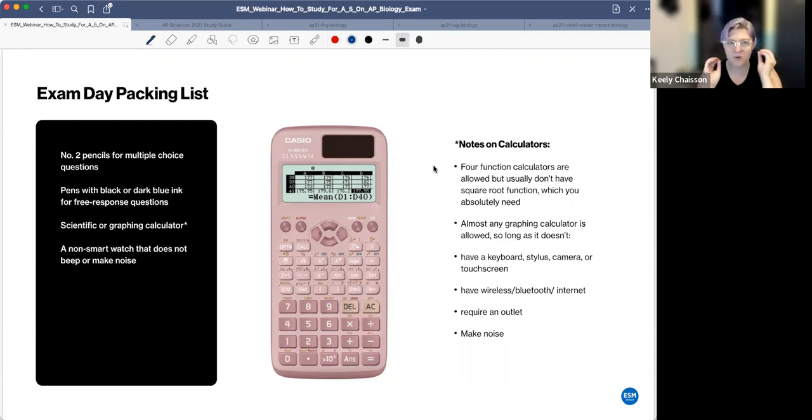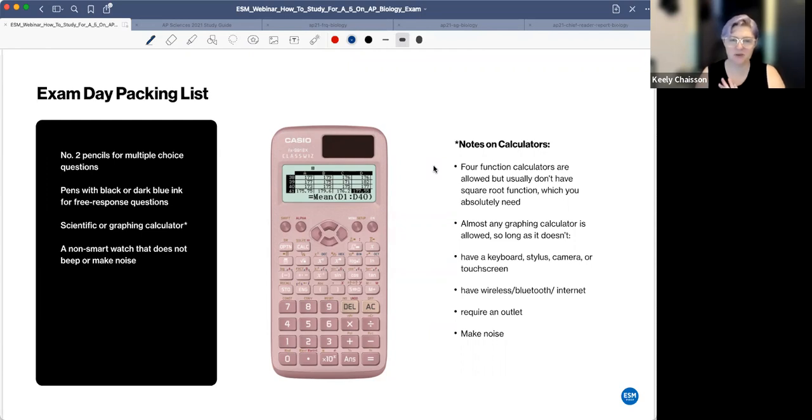If you want to be very thorough, you go onto the College Board website and you can check the exact model of calculator to know that it's approved. But basically, if you have a scientific calculator, no one's going to really look twice at it. If you have a graphing calculator, as long as it looks like a pretty standard model and not like you're making noise or typing on a keyboard, you're probably going to be okay.